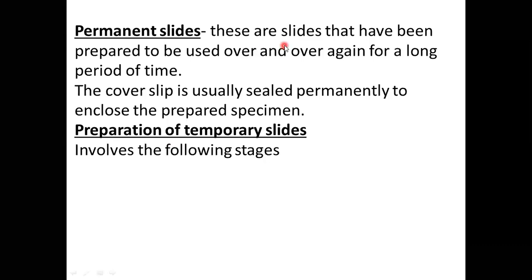These are the slides that have been prepared to be used over and over again for a long period of time. The cover strip is usually sealed permanently to enclose the prepared specimen. So most of the permanent slides we are provided with are already sealed. And who knows that NEC cannot give us permanent slides, which are already sealed, and then we make observations.